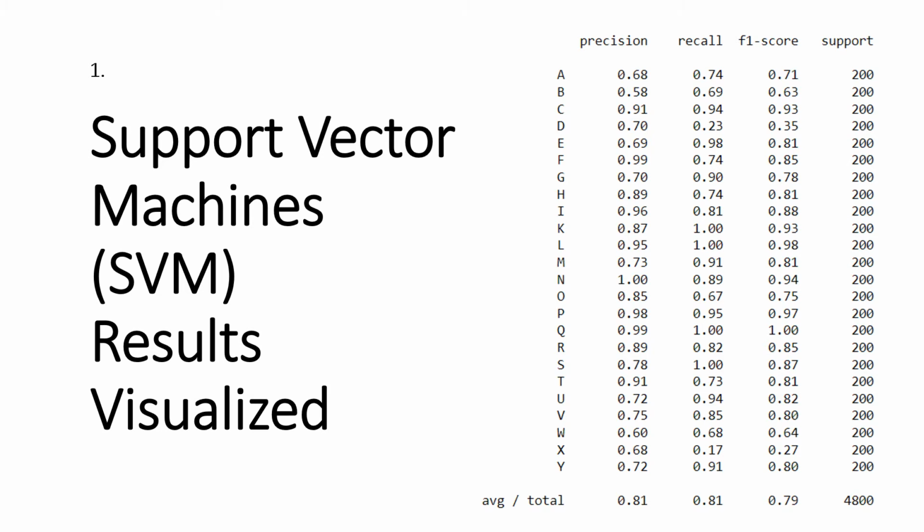But other letters, such as the letter B, had very poor results in all these categories. Overall, the accuracy of the model is 0.805, which is around 0.81, but we will look at other machine learning methods to get a better and more accurate model.